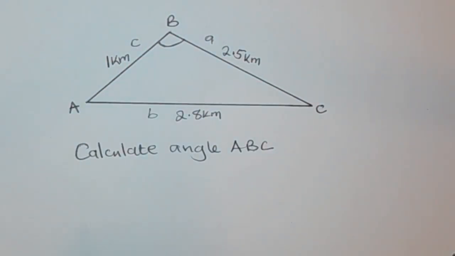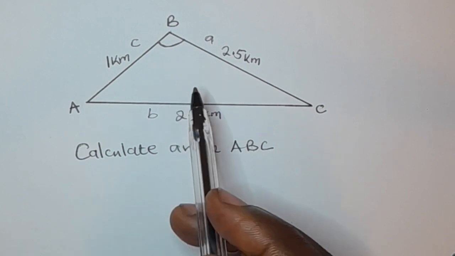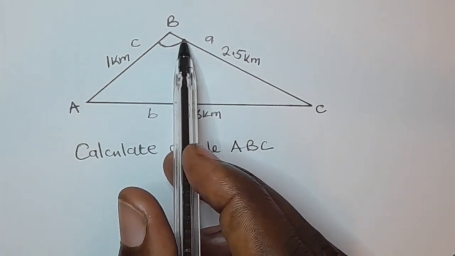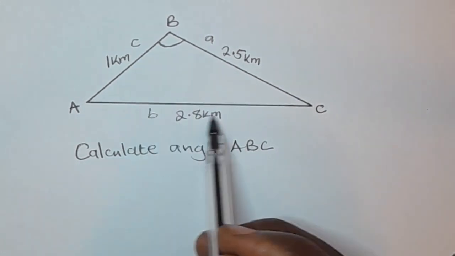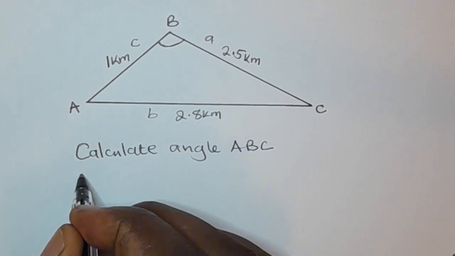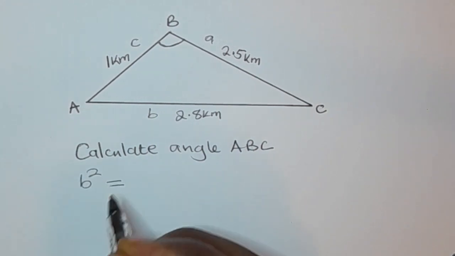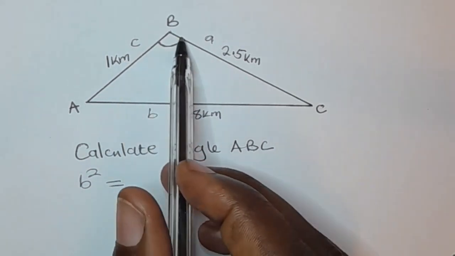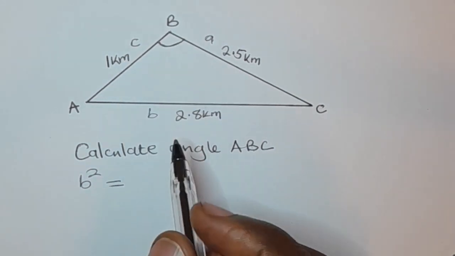Okay? Next, to come up with the cosine rule that is going to calculate this angle, first of all, you are going to say the side that is opposite to the angle, which is b. So we're going to say b squared is equal to, then we are going to use these two sides that are forming the angle that we are being asked to find.